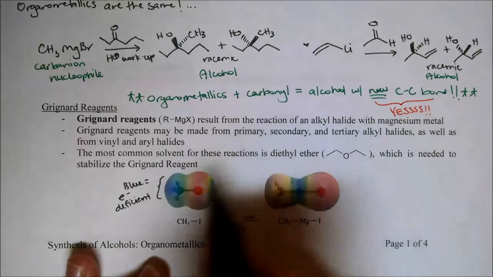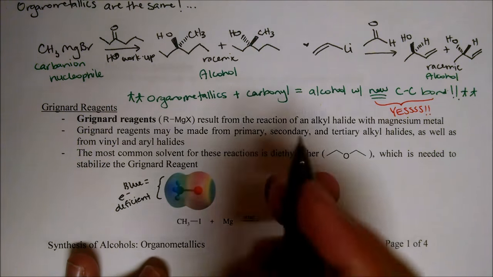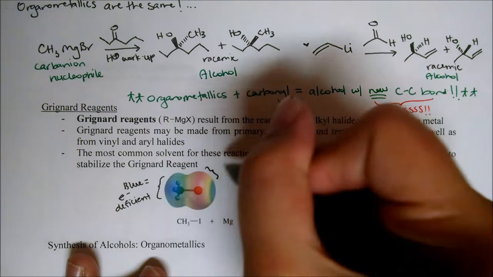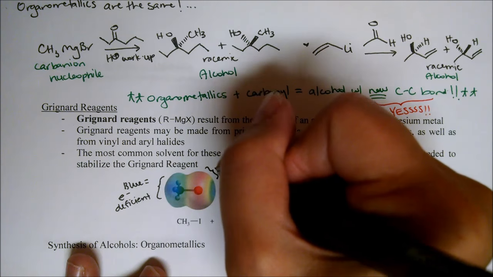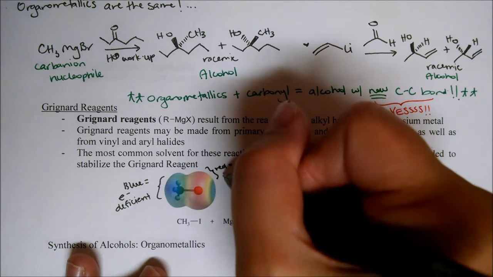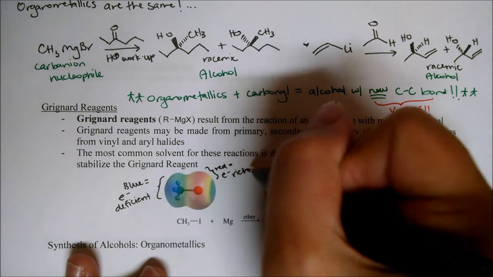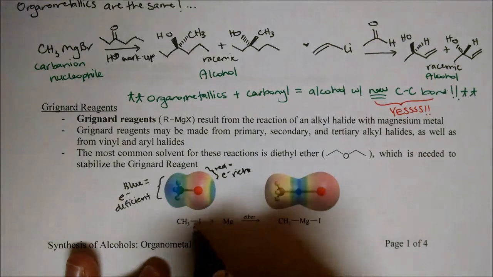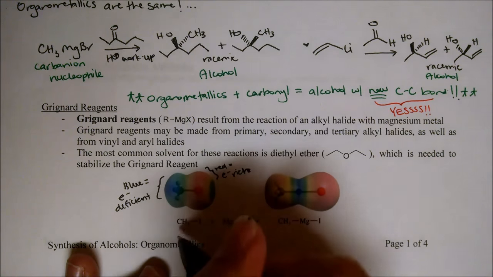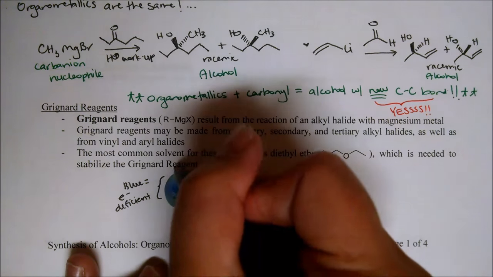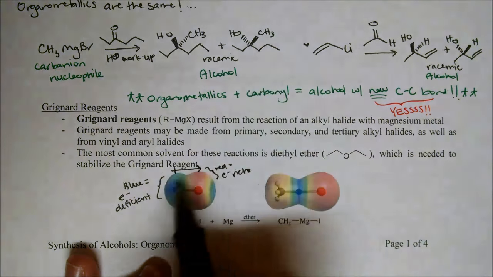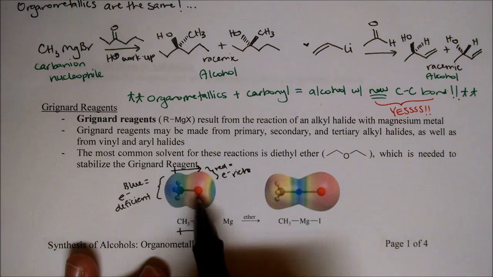Okay, and we can see though that the halide, the I, is very red. So the red means electron rich. And this makes sense, right? Because the halide is more electronegative, so it's pulling electron density like this. And so we can see that in our electron density map. That's what's going on here. Okay, we can see that all the electron density is around the iodide.